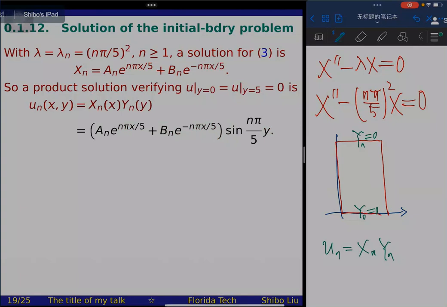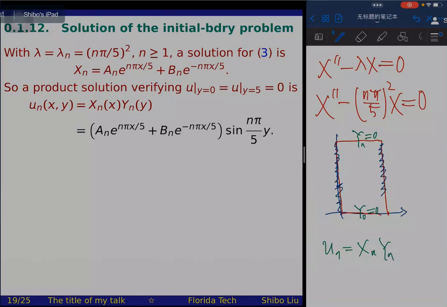But so this solution, Xn and Yn, Yn is sine n pi over phi y, and Xn is given at the second line of this slide. Therefore, this is the expression for un. This un, as I said, satisfies the Laplace equation under the boundary condition at the bottom and the top boundary. But it might not satisfy the boundary condition at the left and the right boundary. Our rectangle has 4 boundaries.